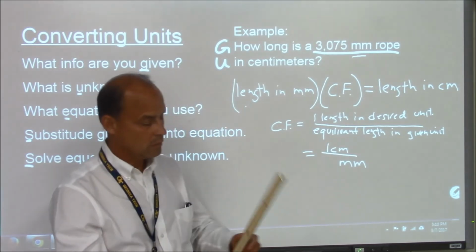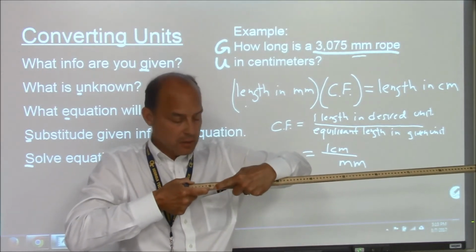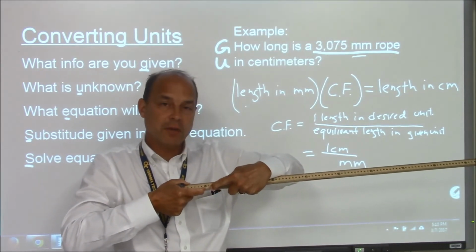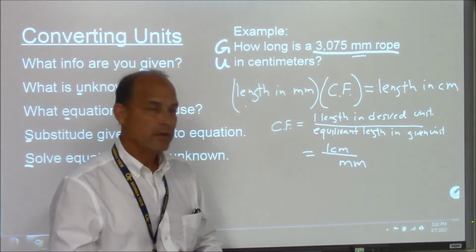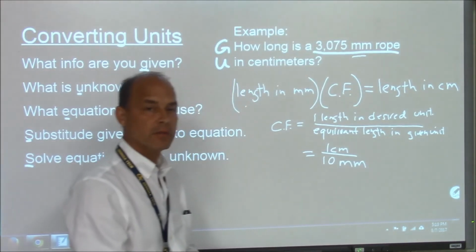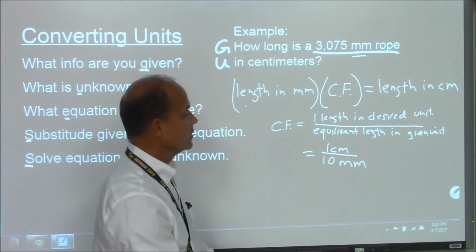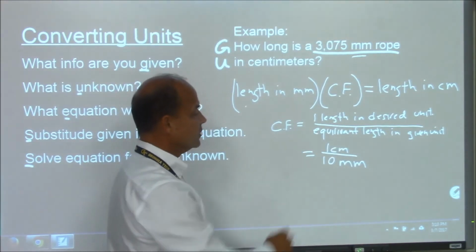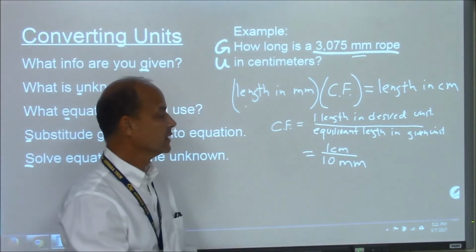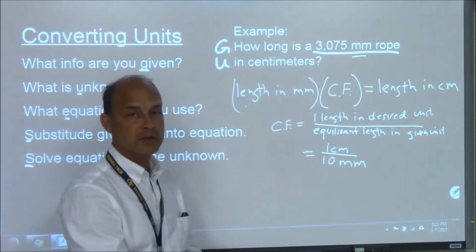Well, if this is a centimeter and you count the number of millimeters in it, there's 10. There are 10 millimeters in 1 centimeter. So this is your conversion factor. It's one length in the desired unit divided by the equivalent length in the given unit, right? So it's basically 1 over 10, right?